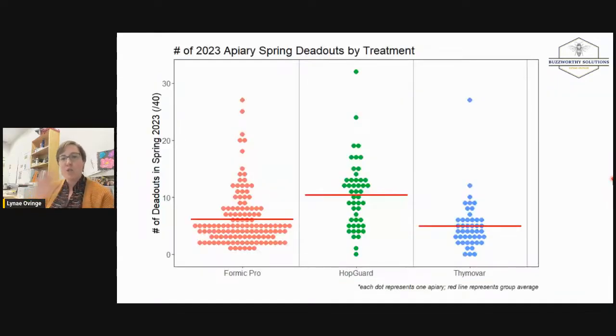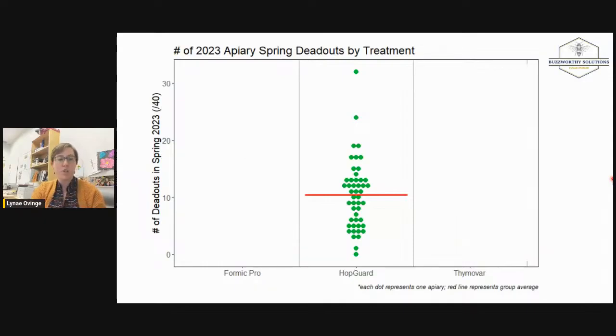Okay. And so just for my final driving home of why you should use treatment groups, I'm going to go back to my beekeeper friend who did this project. In this case, Formic Pro was the thing he'd used before. That's his control group. He tried out HopGuard and Thymovar. But if he hadn't done that, if he just blanket treated his operation with one thing, this is all the data he'd have.